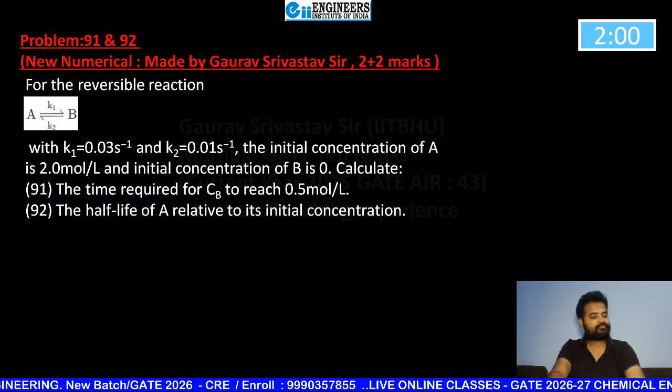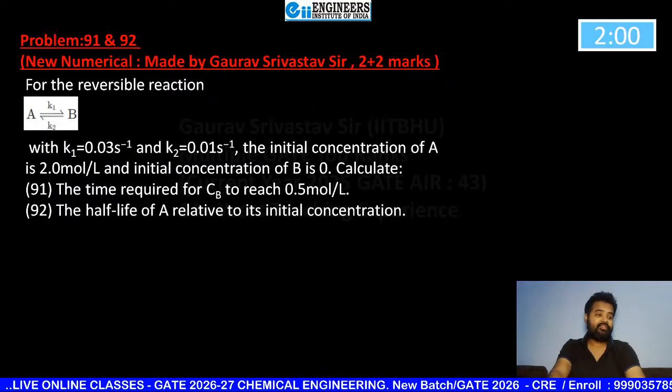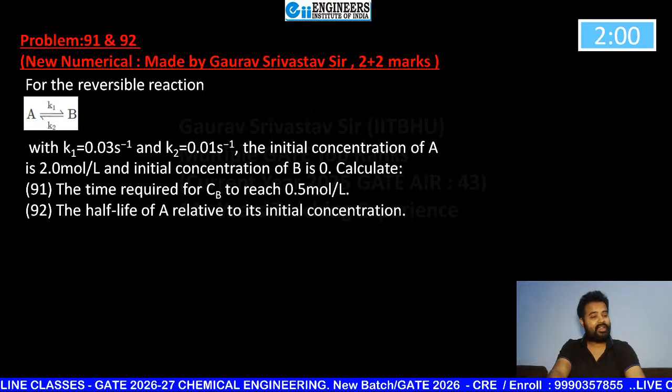Can we take x equals 0.5? If the max conversion that we can obtain is only 40%, then can you write x equals 0.5? Shouldn't x equal 0.25, or x equals 0.125?